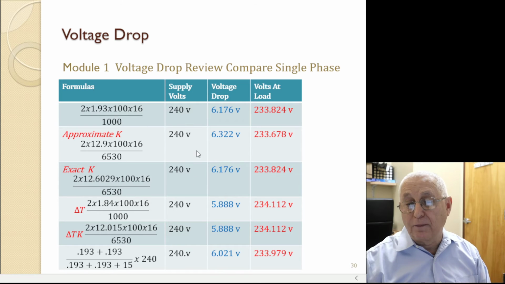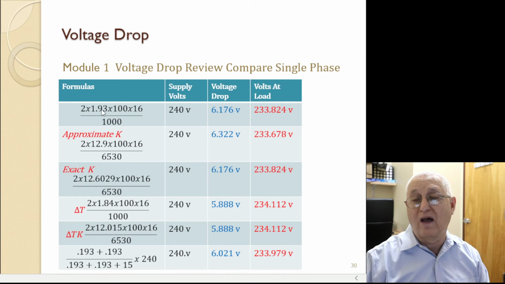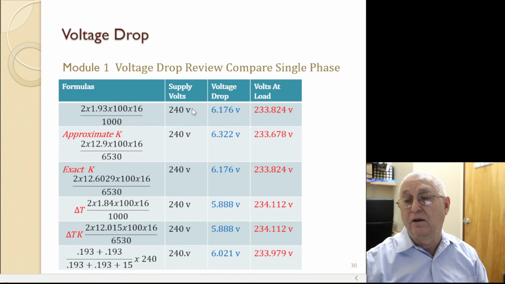If we look at a comparison of all the formulas that we looked at right now, 2.193 ohms per 1,000 feet times 100 feet divided by 16, this was Formula 1, divided by 1,000, we have a 240 volt supply. Our voltage drop is 6.176, and we have at the load 233.824 volts.